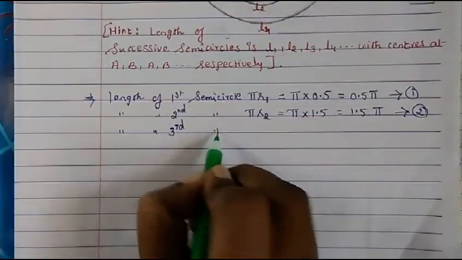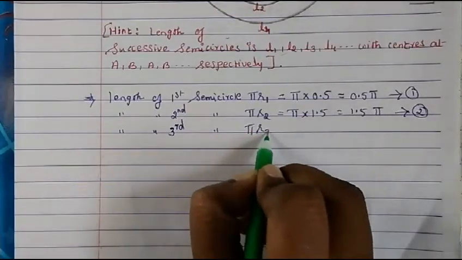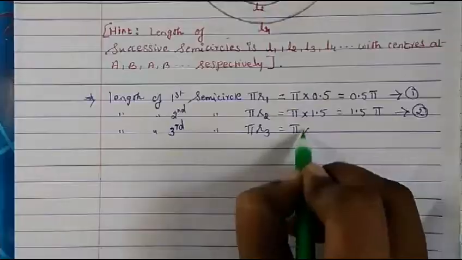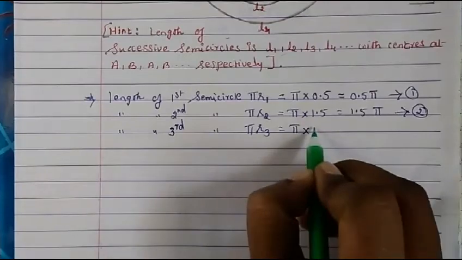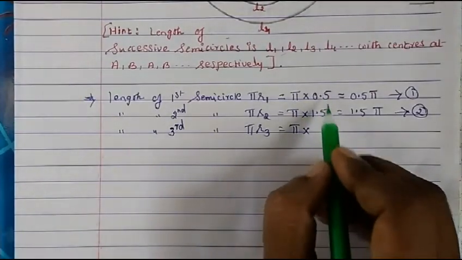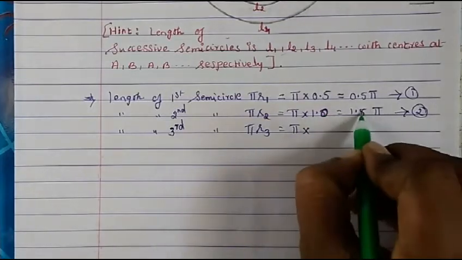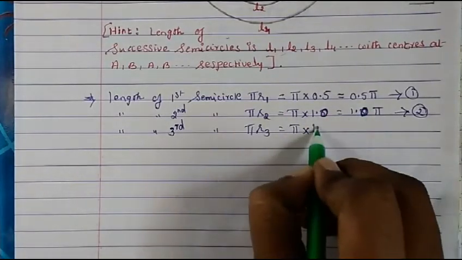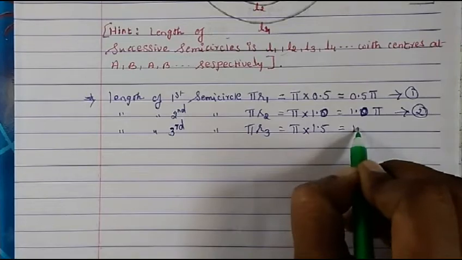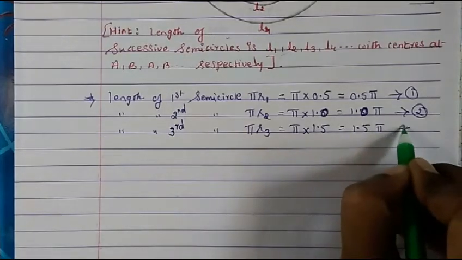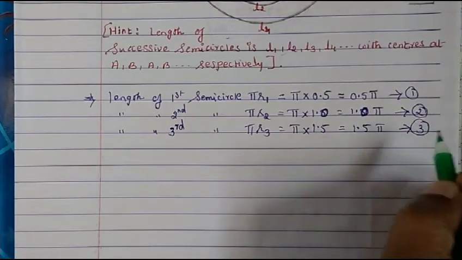Same way for the third semicircle, it will be pi times the third radius. Sorry, this was 1.0, here now 1.5. So it will be 1.5 pi. So this is our third.